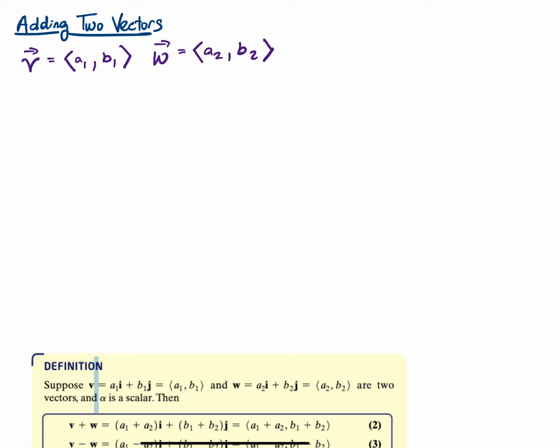Let's say this is v. If we're adding v and w, then we would place w, let's say that this vector is w, on top of v. So v plus w would be this vector, starting at the beginning of v and ending at the terminal point of w.